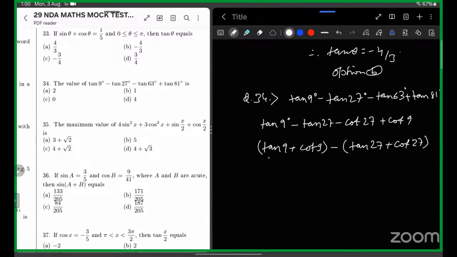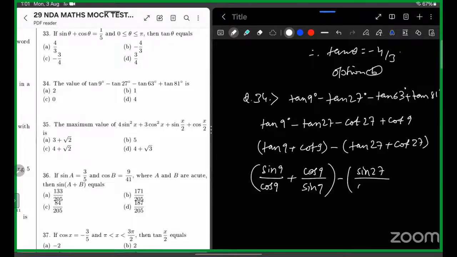If you go through solving by sin 9 and cos 9, and do the cross multiplication, you will need: sin 9 upon cos 9 plus cos 9 upon sin 9 minus sin 27 upon cos 27 plus cos 27 upon sin 27.